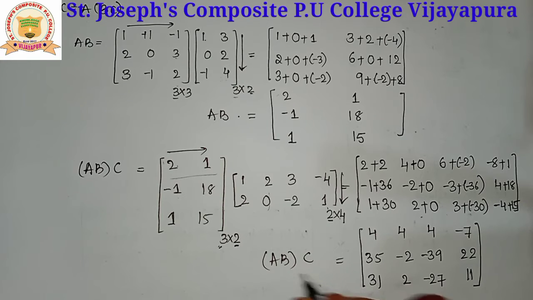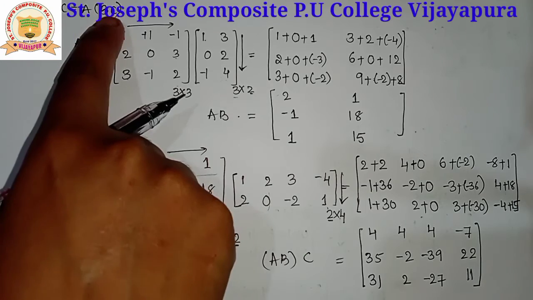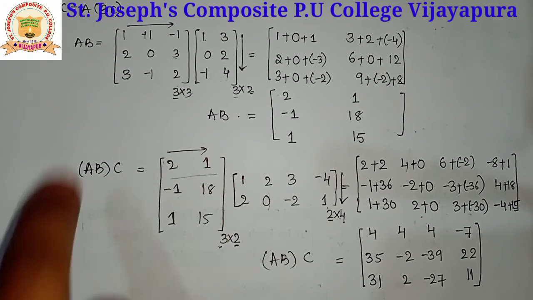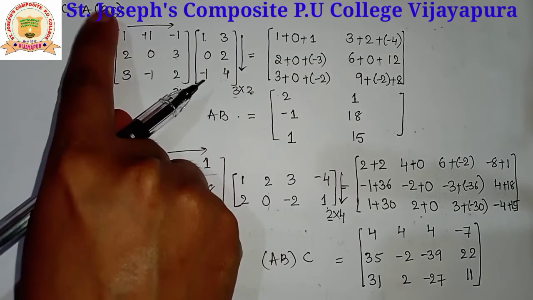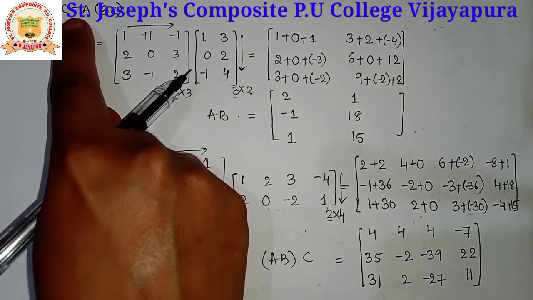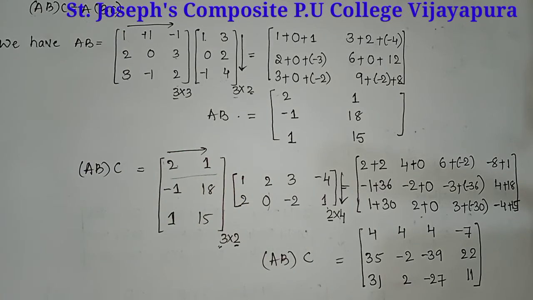Now we calculated the left part of this. Now we have to find the right part. To find the right side part, we first require the BC matrix, then multiply this with the A matrix. Now find the BC matrix.